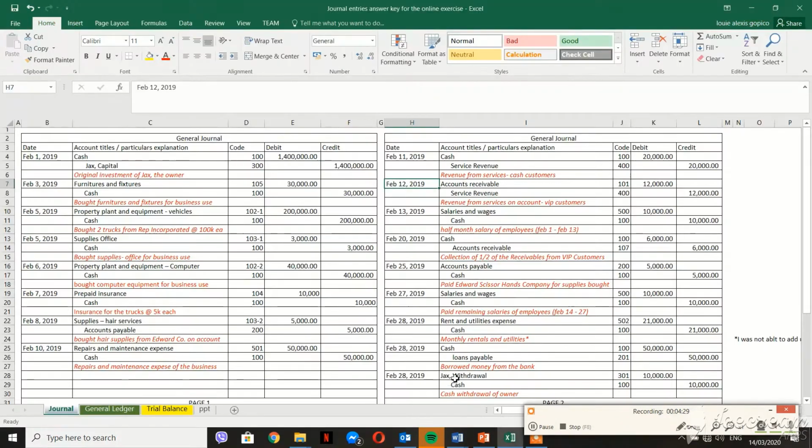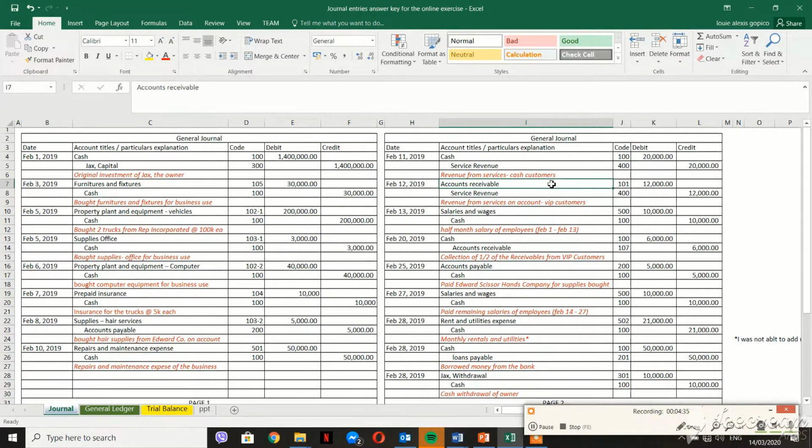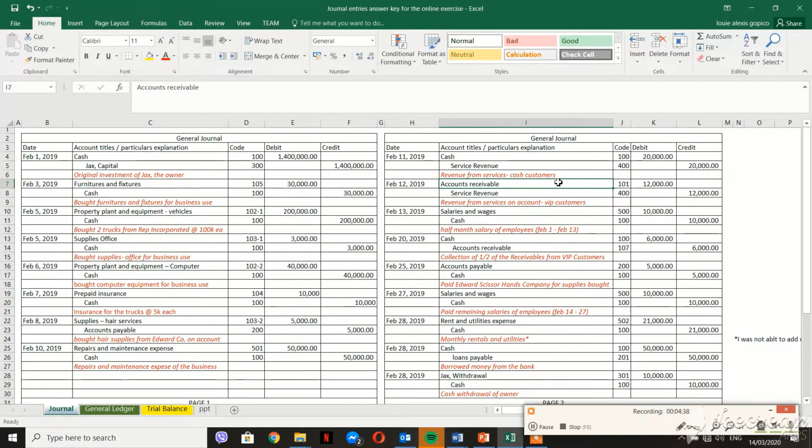So going back to the solution, since we have not yet been paid by the VIP customers, we will debit accounts receivable because it is also an asset. And then, as I have mentioned, since we perform services, we should credit revenue, okay? Because we earn it. We perform services, okay? Yan.